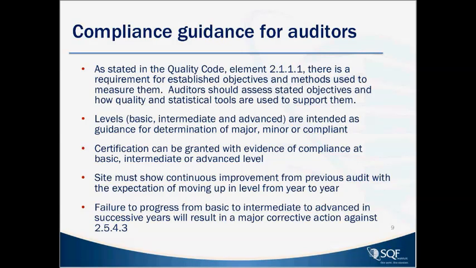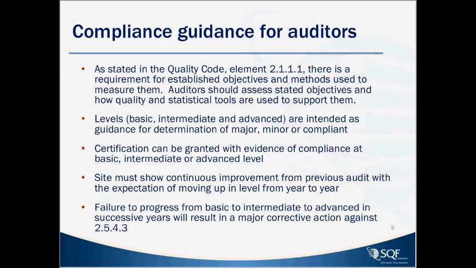So in the quality code under 2.1.1, we do talk about establishing objectives. They should be established by senior management, but they also say that they should be measured. And so there should be some correlation and some alignment between the types of quality tools and statistical tools that you use, and that those are measurements, and how they relate back to objectives. So auditors are going to be looking for that type of alignment where applicable.